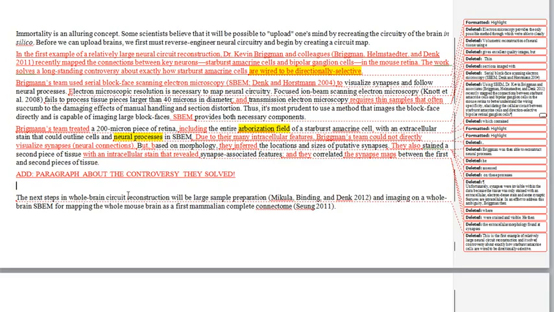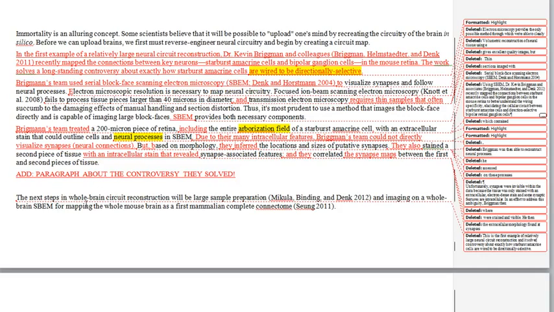So notice that the last sentence sounds a little bit academic because we're getting a lot of nouns like reconstruction, preparation, imaging, mapping. Those are all nouns that could be verbs. So I thought we could streamline this a little bit by turning some of those nouns back into verbs.